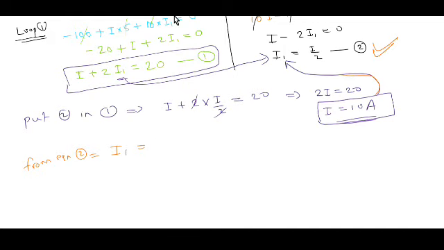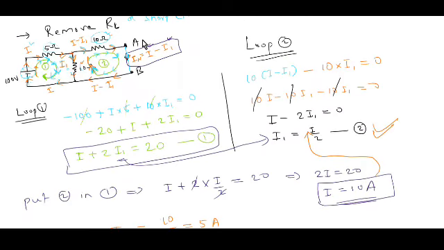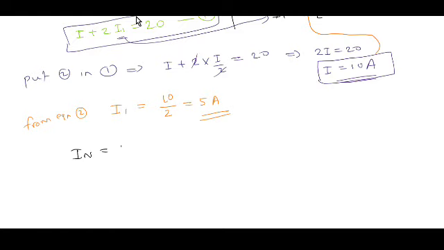Substitute the value of I here, then you will get I1 equal to 10 divided by 2, that is 5 ampere. Therefore, the Norton current IN is equal to I minus I1, with I equal to 10 and I1 equal to 5, which is 5 ampere. That is, our Norton current is 5 ampere.